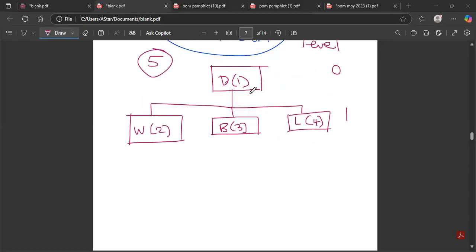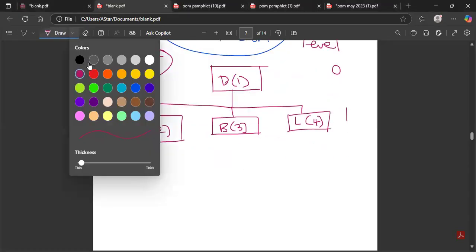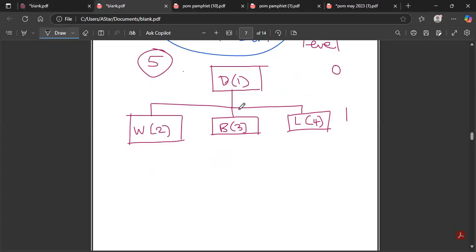So start with the mother, the MRP for the final product. These ones are dependent. This is the final, so without this one, all these ones cannot be calculated. Are we together? So you start with the final product.